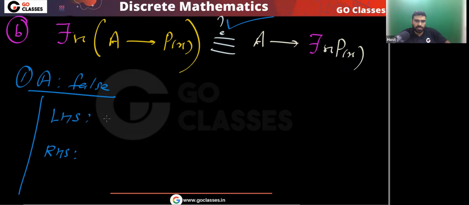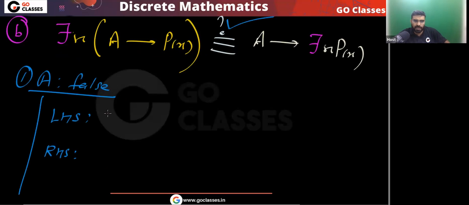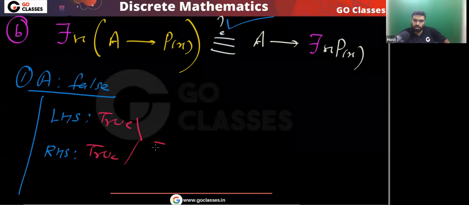When A is false, remember this point that false implies anything is true. So if A is false, then I can say LHS is true, RHS is also true. So they are equivalent. What about the second case?